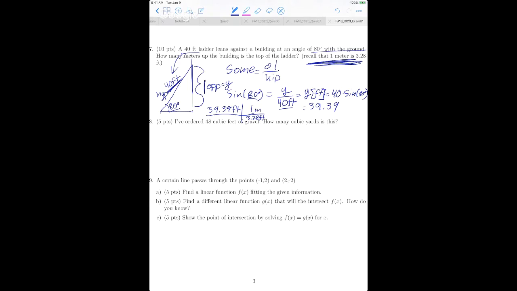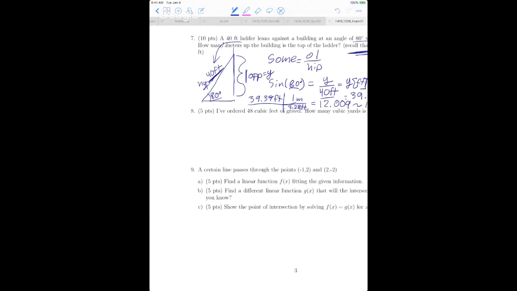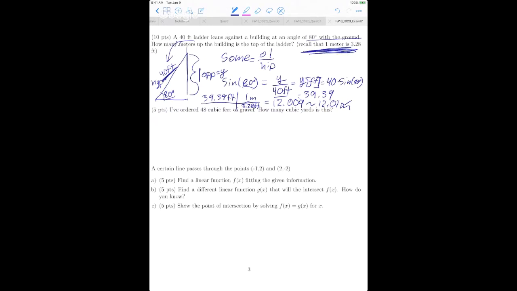And I divide my 39.39 divided by 3.28, and I get 12.009, which I saw a lot of people round into 12.001, which is good. Check. That is a correct rounding. So good job on that. This was not too bad. Most people got in the groove on that one and had no trouble.